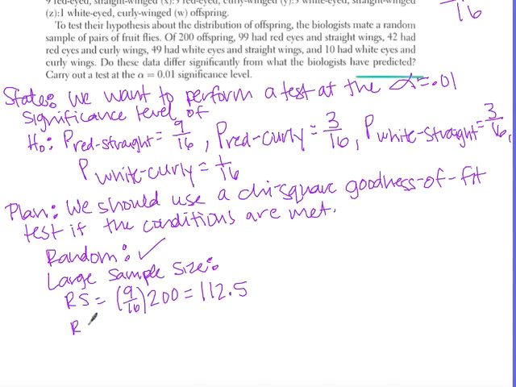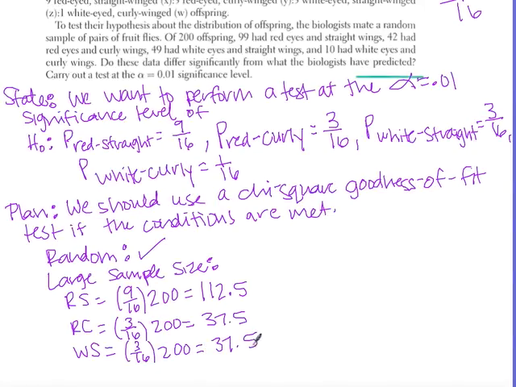Then I would do red-eyed and curly-winged. So that would be 3 out of 16 times the 200, 37.5. Then white-eyed and straight wings is 3 out of 16. Multiply that by 200, 37.5.